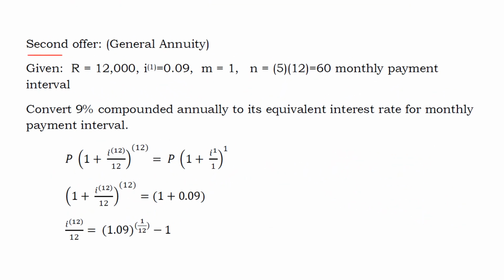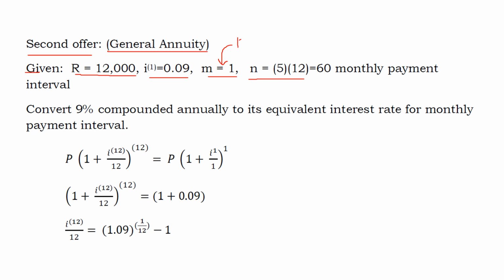For the second offer, which is a general annuity, R is 12,000, i is equal to 0.09, m is 1, and n is 5 multiplied by 12. It is compounded monthly, so there is a typographical error here.